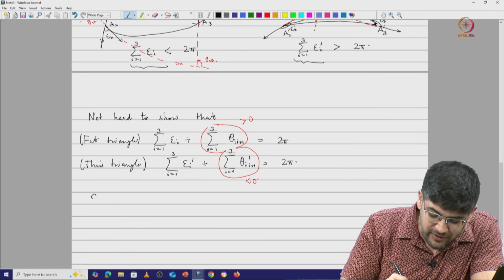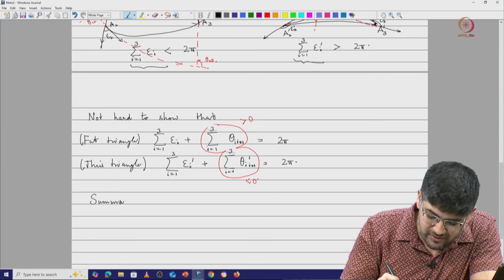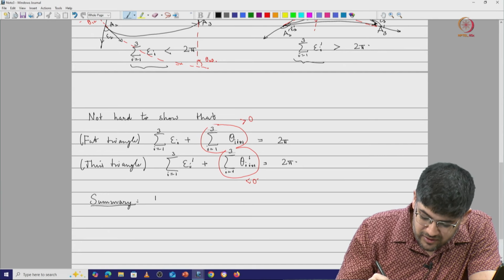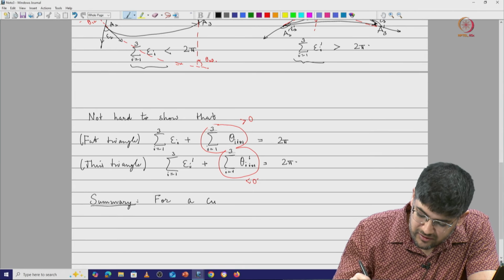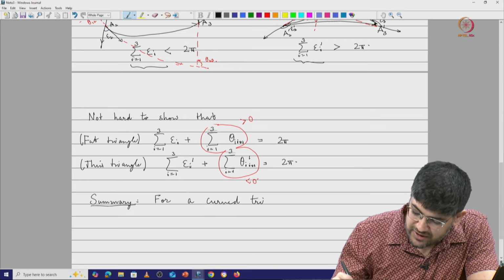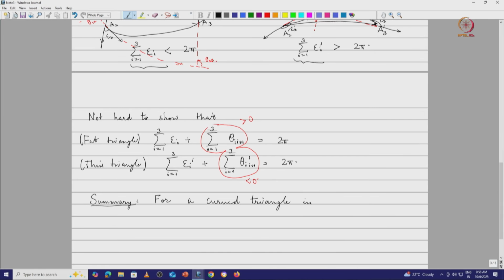So to summarize what we have now observed, for a curved triangle in R2, we basically have that the sum of the external angles plus the total turning angle is actually equal to 2 pi.